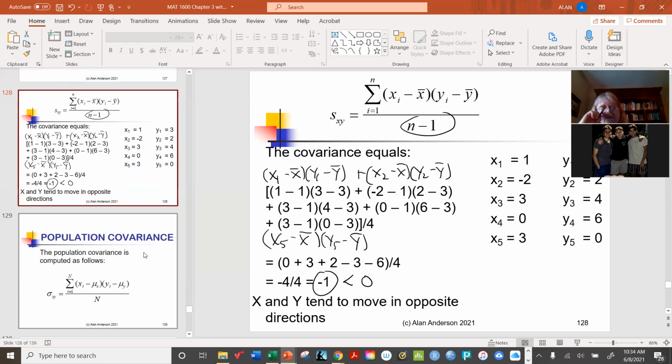So as you can probably imagine, the population covariance formula is similar to the sample version, except we changed into Greek letters. The lowercase n becomes capital N, but there's also one more difference. All right, what could it be?